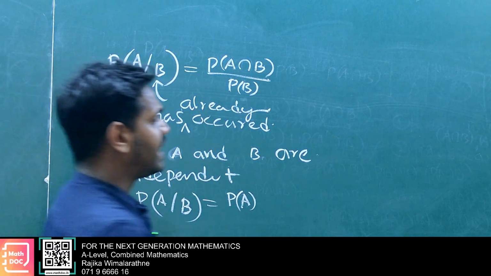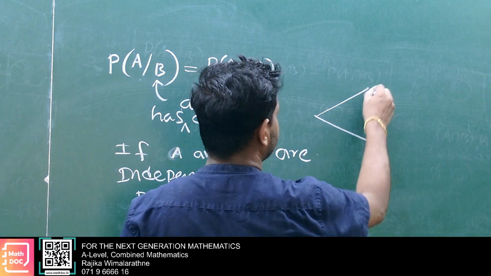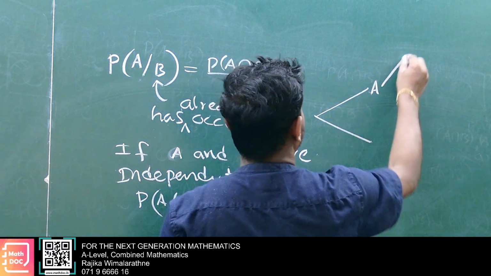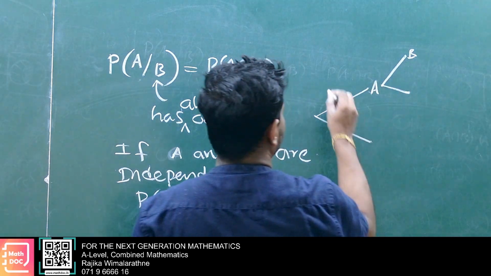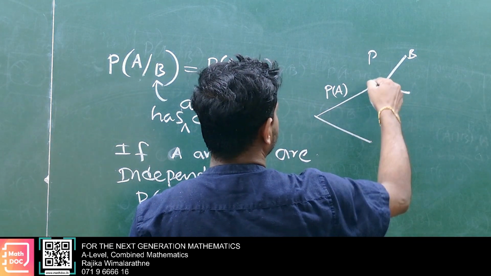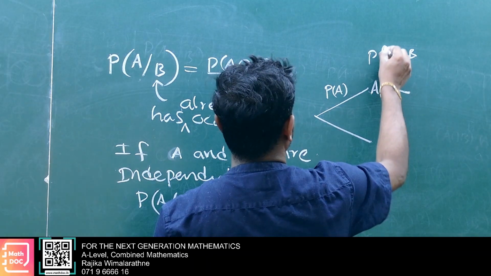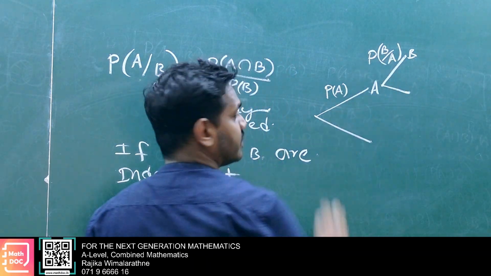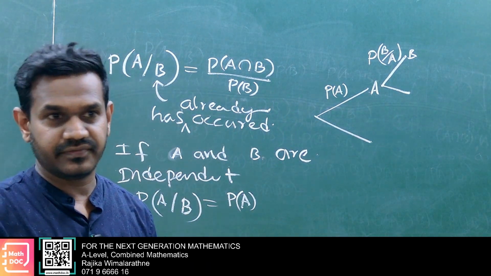As an example, consider this tree diagram. Here say A, here say B. This is P(A), A already occurred. Then we think about B. That is conditional probability, which we already discussed.